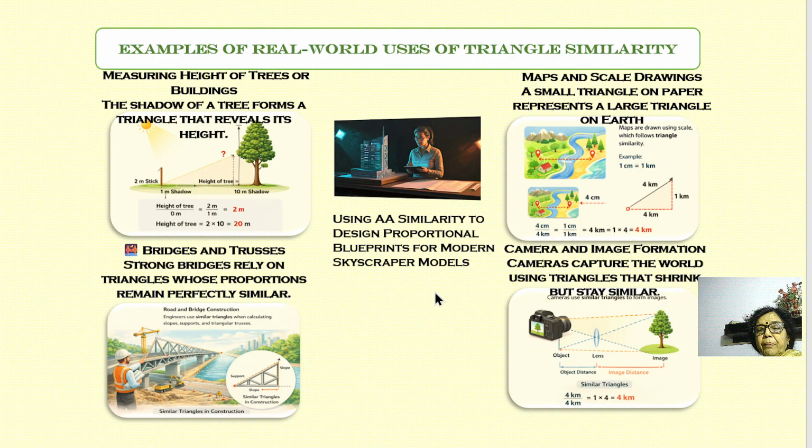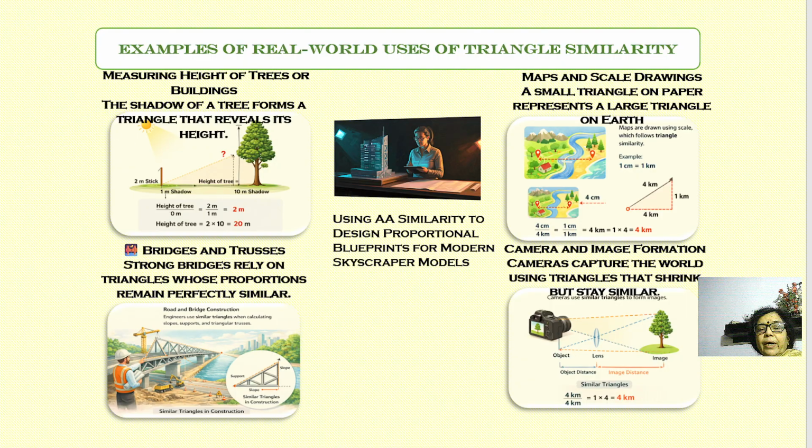When we talk about the camera, the triangles may reduce in size, but they stay similar. So these are very simple applications. Of course, there are innumerable more applications, and we'll be solving some of these questions in later videos.